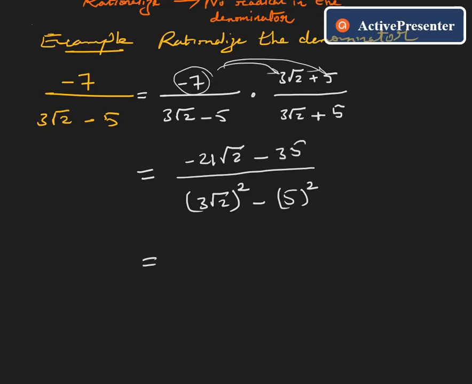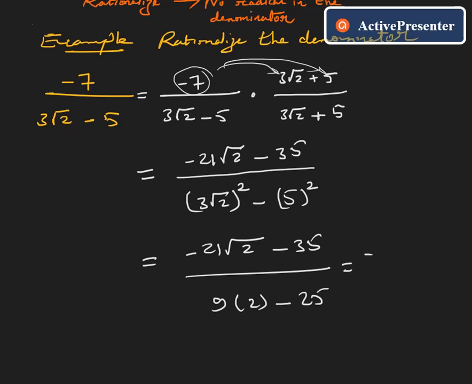So this equals minus 21 square root of 2 minus 35 over 9 multiplied by 2 minus 25, so minus 21 square root of 2 minus 35 over 18 minus 25, which is minus 7.